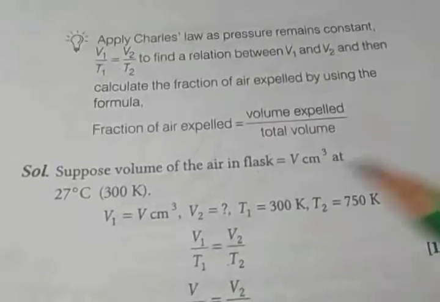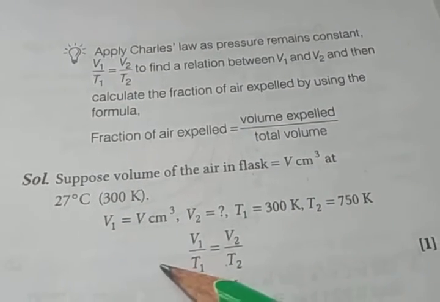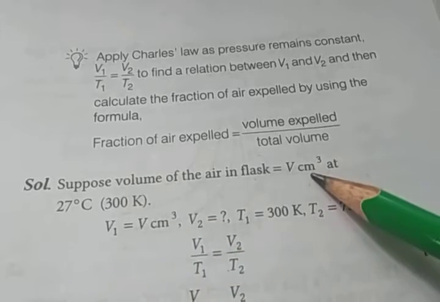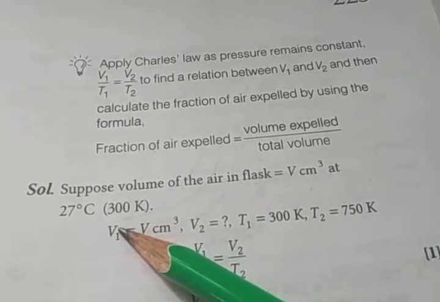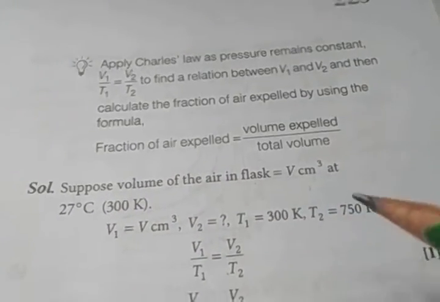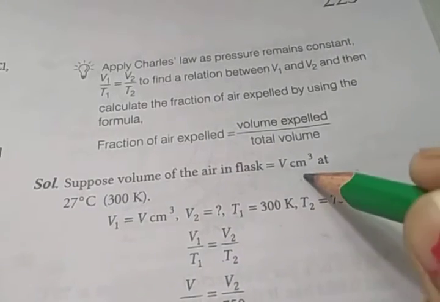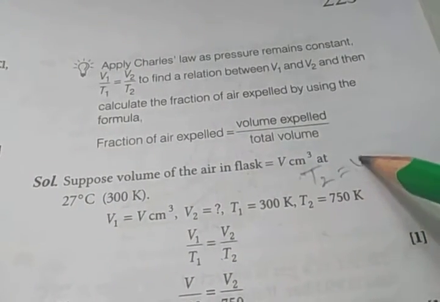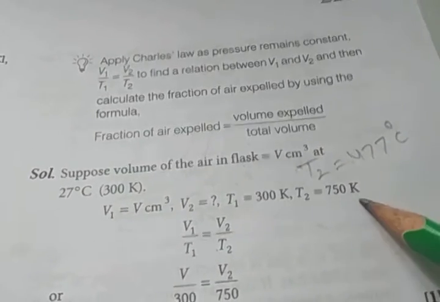Suppose the volume of air in the flask is V cm³ at 27 degrees Celsius. So V1 is V cm³ and V2 we have to find out. T1 is 27 plus 273, 300 Kelvin, and T2 is 477 plus 273, 750 Kelvin.